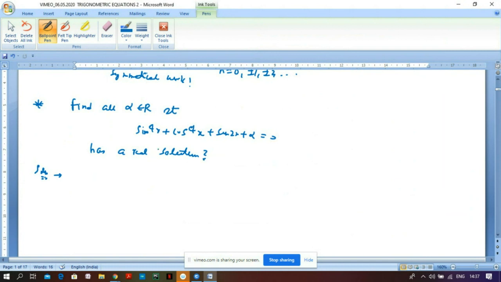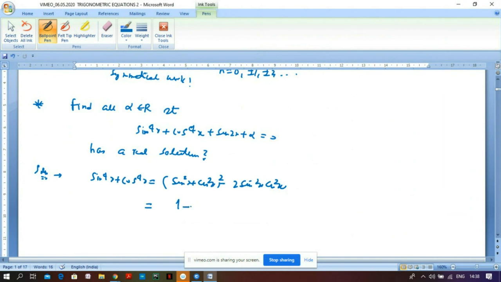Now, the first thought that comes to our mind is that these powers are too big, sine 4 and cos 4. So I can write sine to the power 4x plus cos to the power 4x as sine square x plus cos square x whole squared minus twice sine square x cos square x. This is 1, that's good enough.